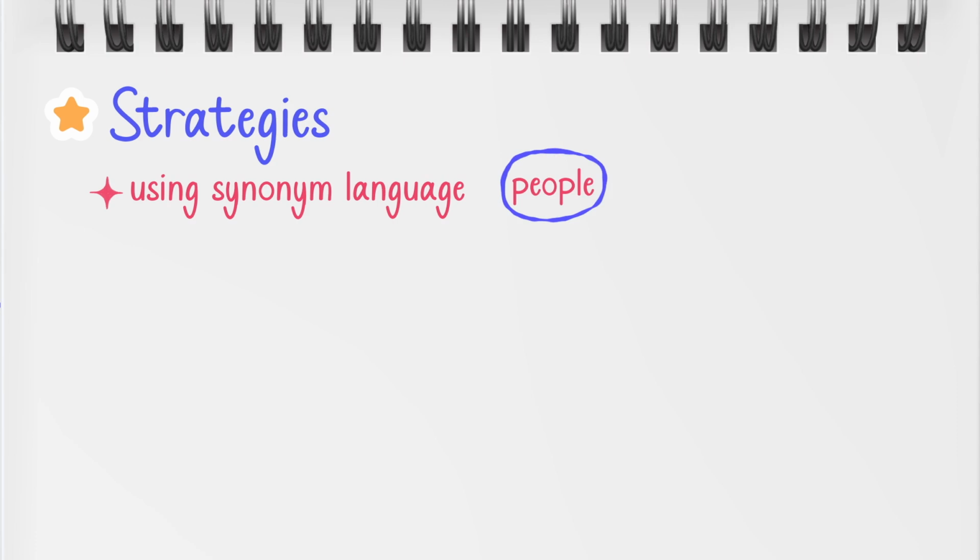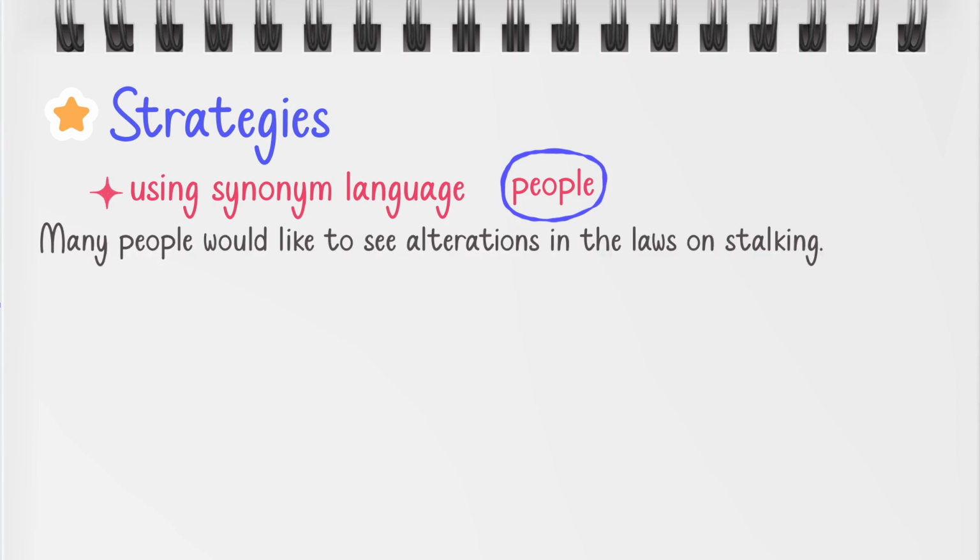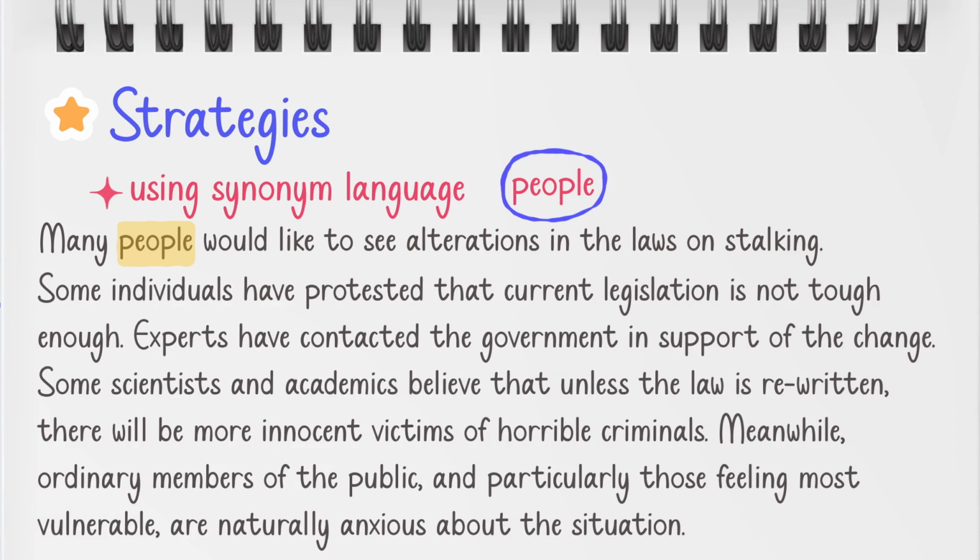Right now, let's take a look at this example. Many people would like to see alterations in the laws on stalking. Now, instead of saying some people, we can write some individuals, right? Some individuals have protested that current legislation is not tough enough.